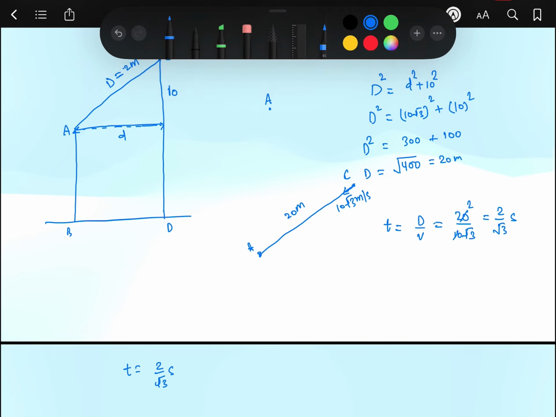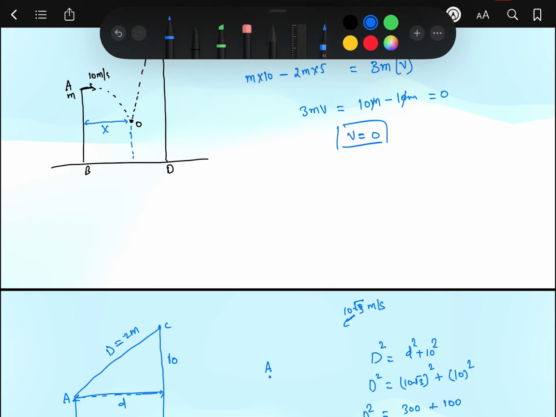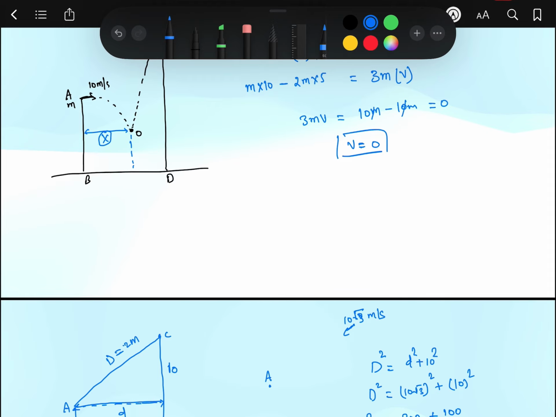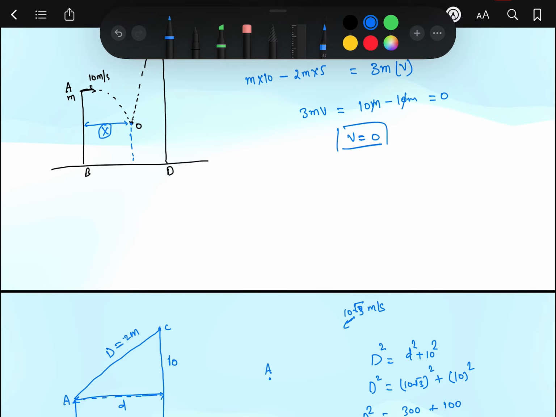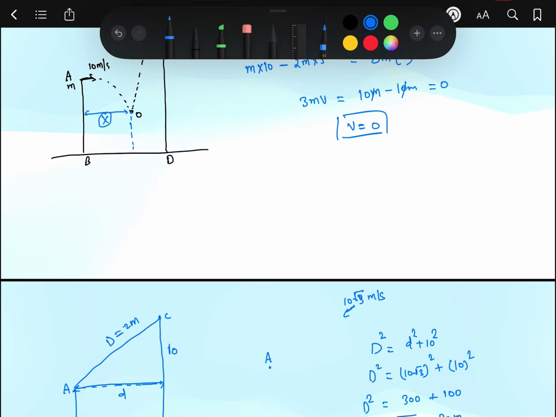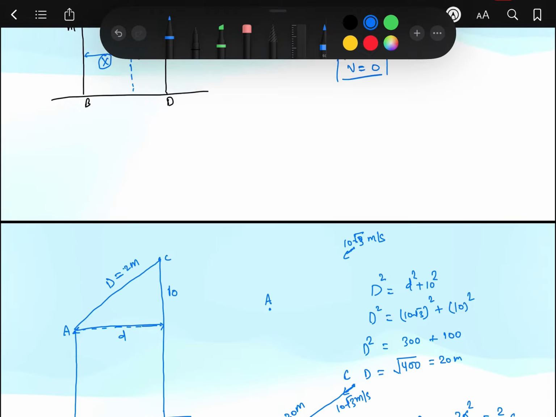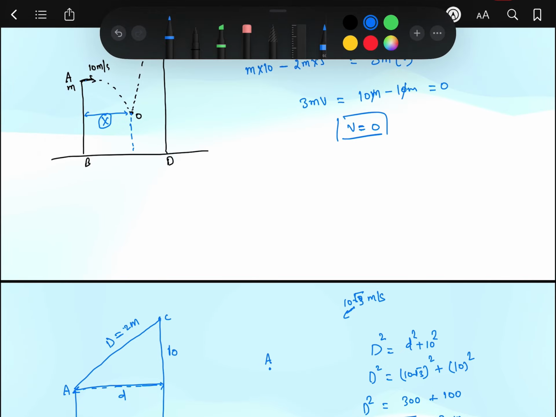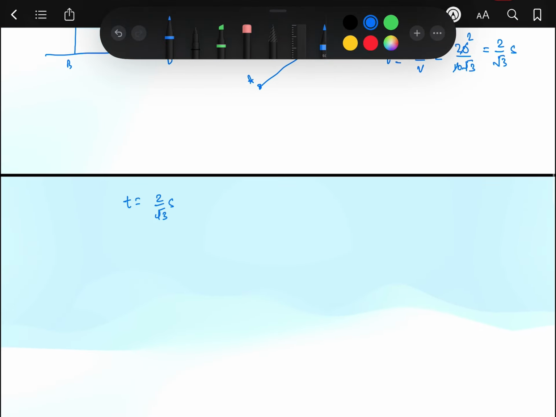So to find out this x coordinate where these two particles will meet, I will just write the equations for particle A in the horizontal direction. In the horizontal direction there is no external force, so acceleration in the horizontal direction is 0.